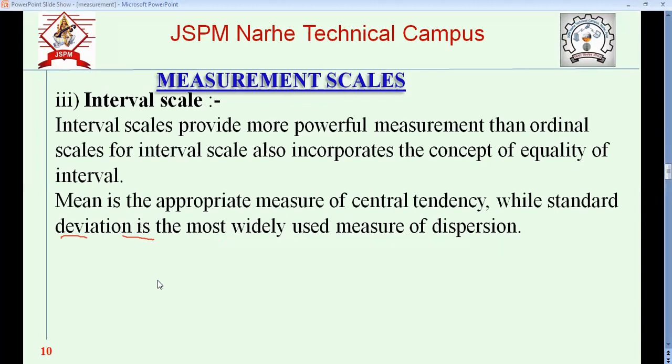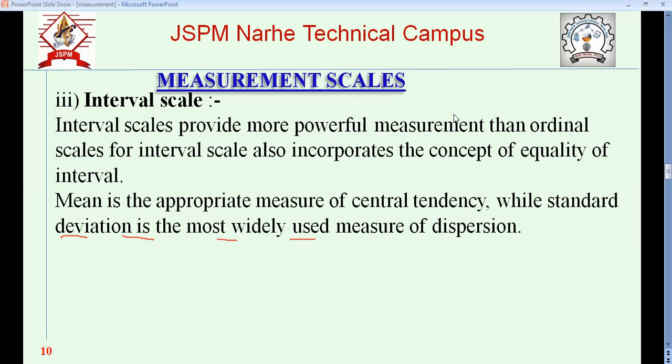But actually, in that case, 0 degrees Celsius is not the actual 0 of that scale. For a thermal system, the actual unit is Kelvin, and its 0 is at minus 273 degrees Celsius. Please understand.